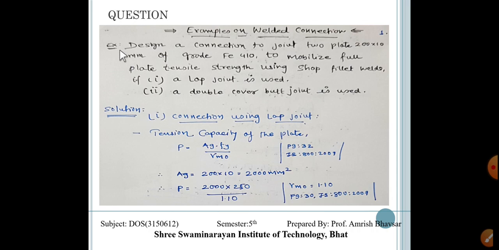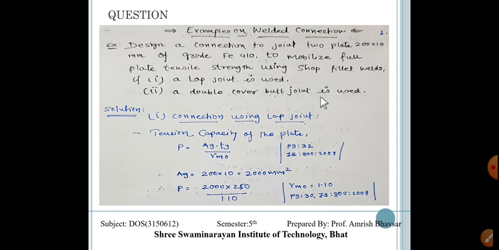What have they given? They have given: design a connection to join two plates of 200 mm by 10 mm of grade Fe410 to mobilize the full plate tensile strength using shop fillet welds, if that connection is done by a lap joint, and second, a double cover butt joint.